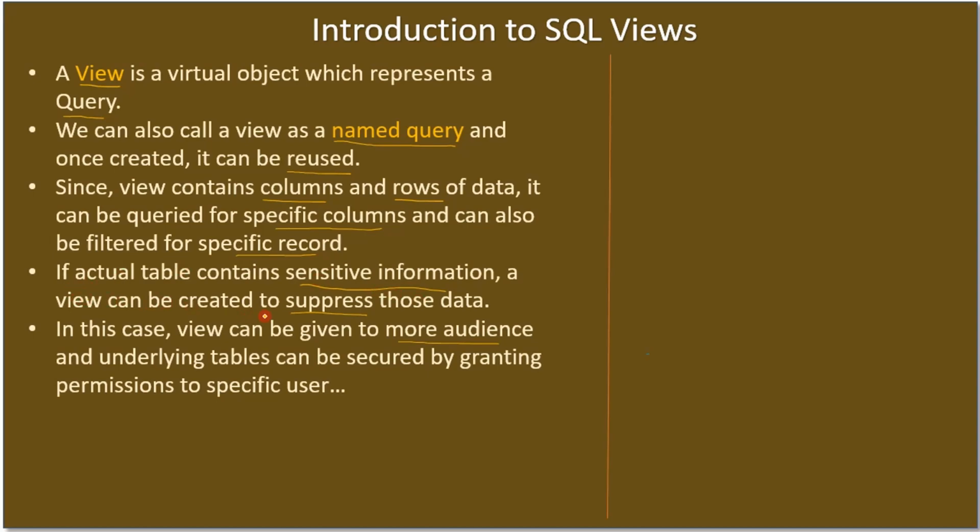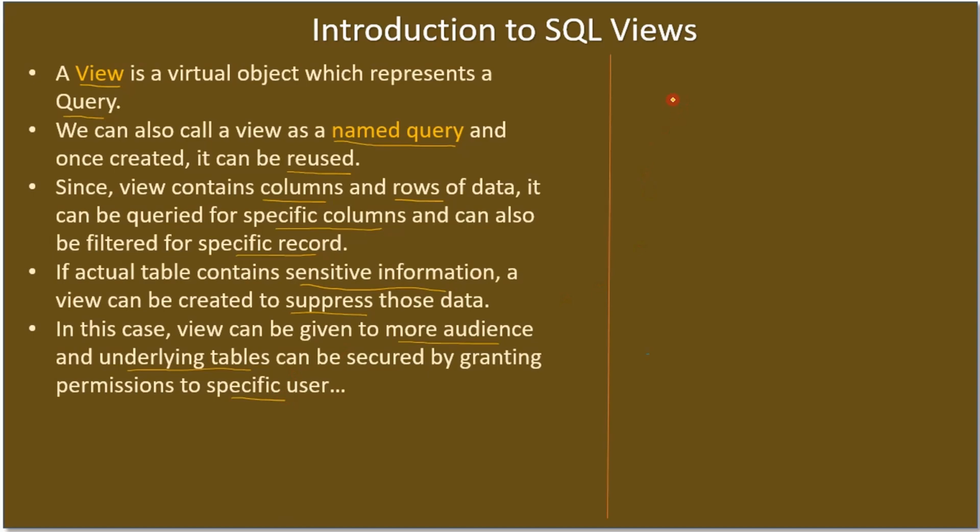So a view can be created to suppress the sensitive information and pick only what is relevant to the user. So if that's the case, the view can be given to more audience and the underlying tables can be secured by granting permission to specific users.